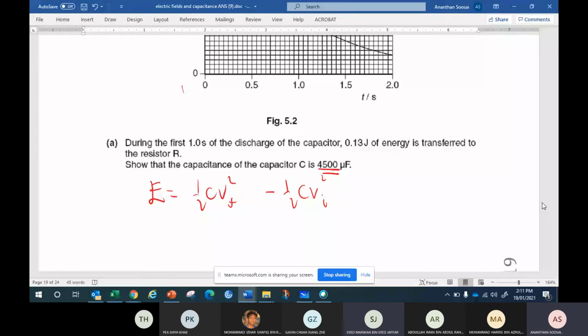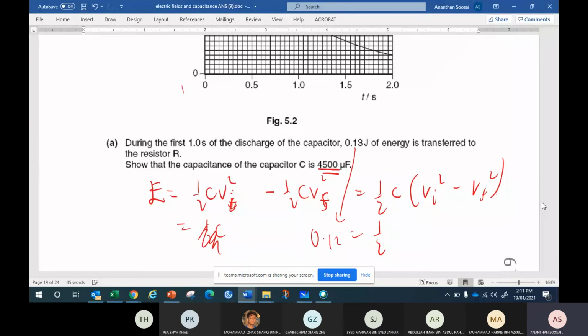Actually, it should be initial minus final, because the final energy is lower. So half C, and it's going to be V initial squared minus V final squared. The energy we know already, 0.13, and C we are looking for.